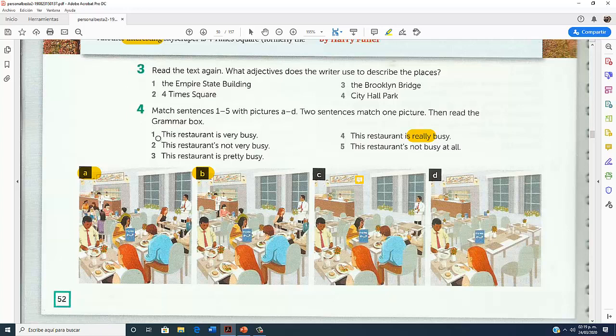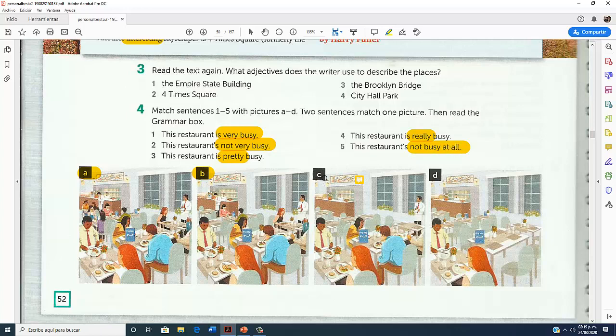So here we can say that this restaurant is very busy. Not really busy like this one, but very busy. In letter C, this restaurant is pretty busy. Not very busy, but pretty busy. And finally, this restaurant is not very busy or not busy at all. Not plus adjective plus at all.